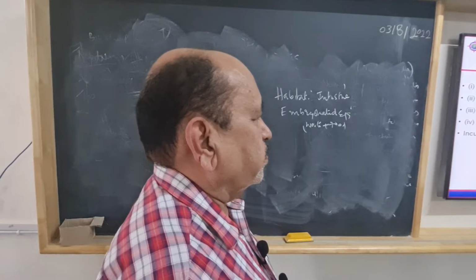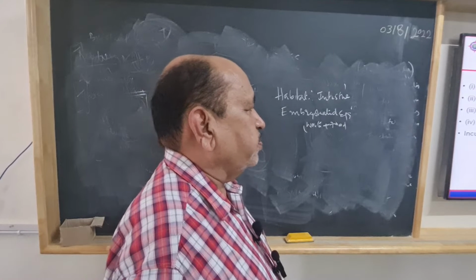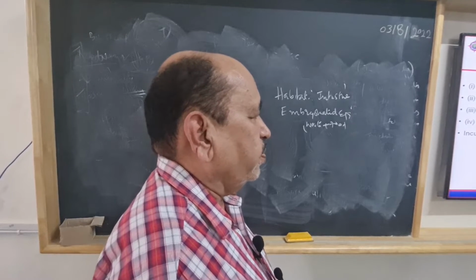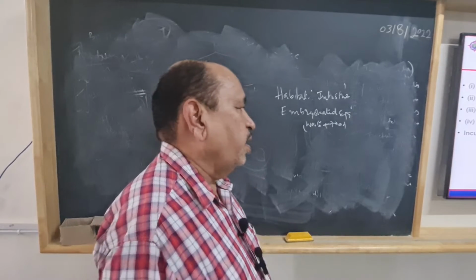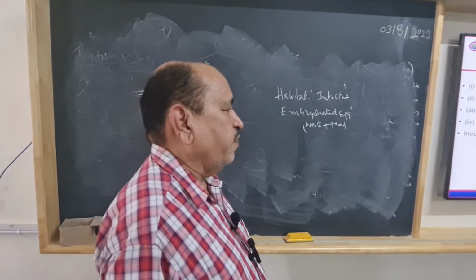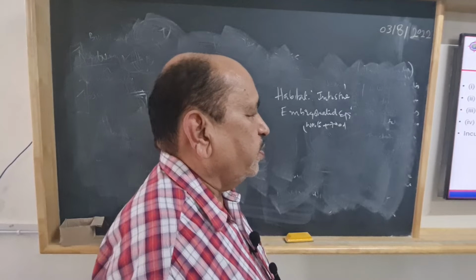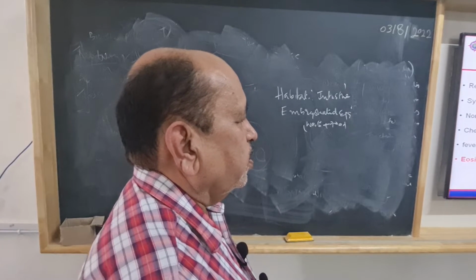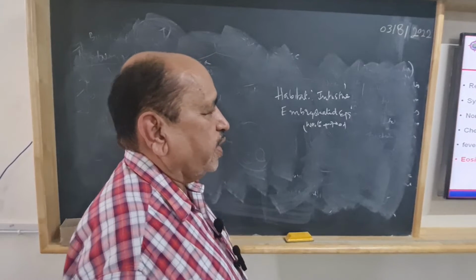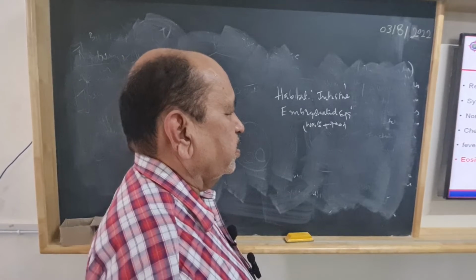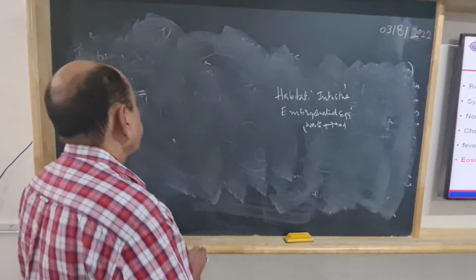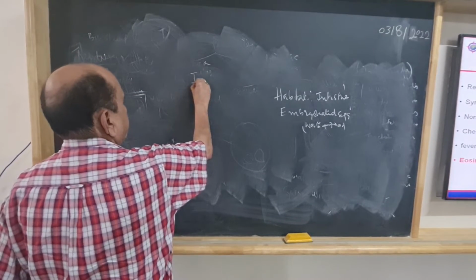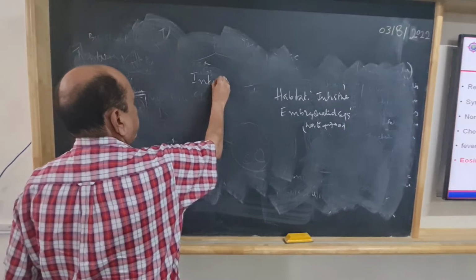Now pathogenesis, what all happens. One is host response, migration of larva, mechanical obstruction by adult worm, and nutritional deficiency. Incubation period is 60 to 70 days. So the larva goes first in the intestine.